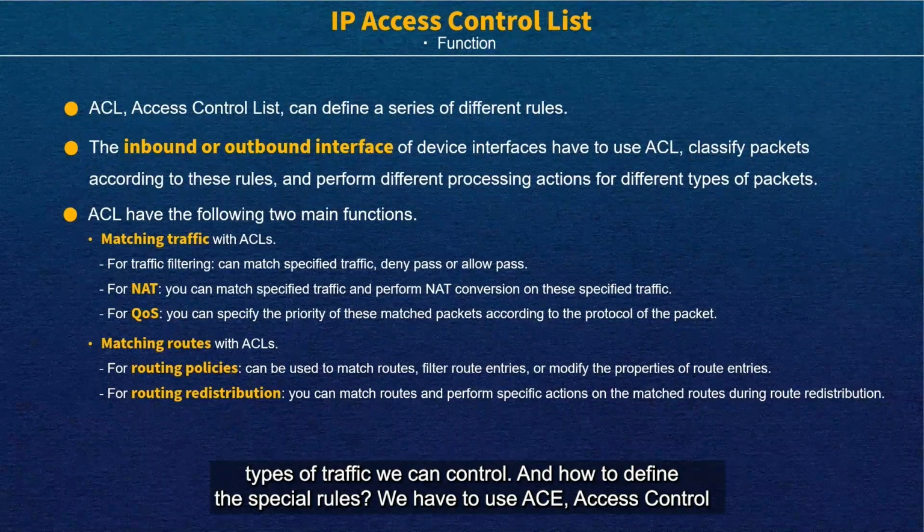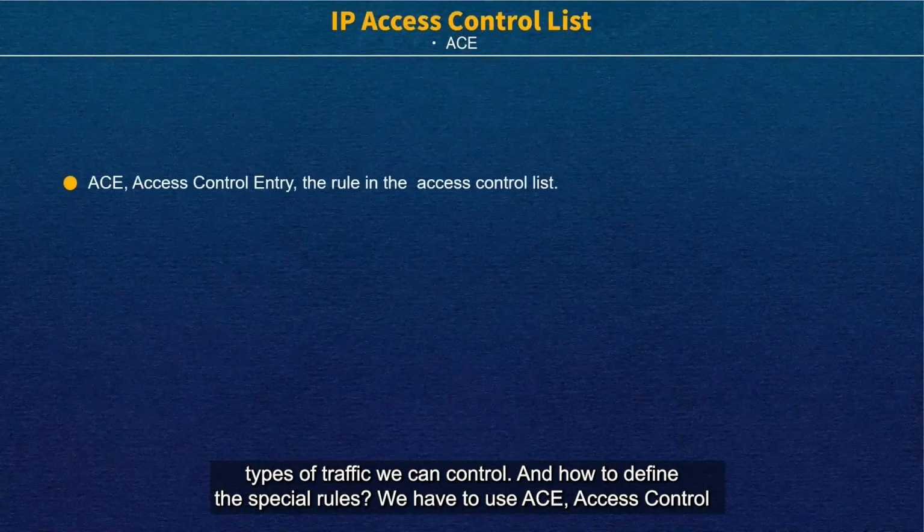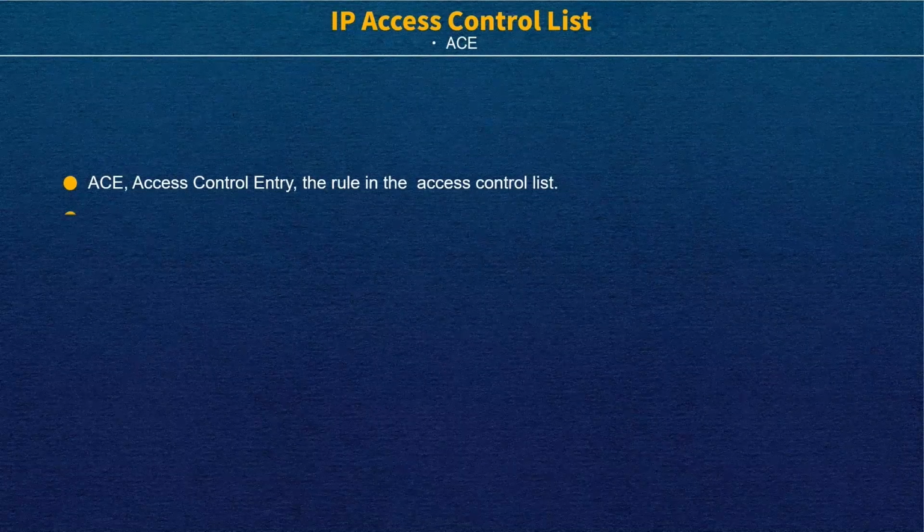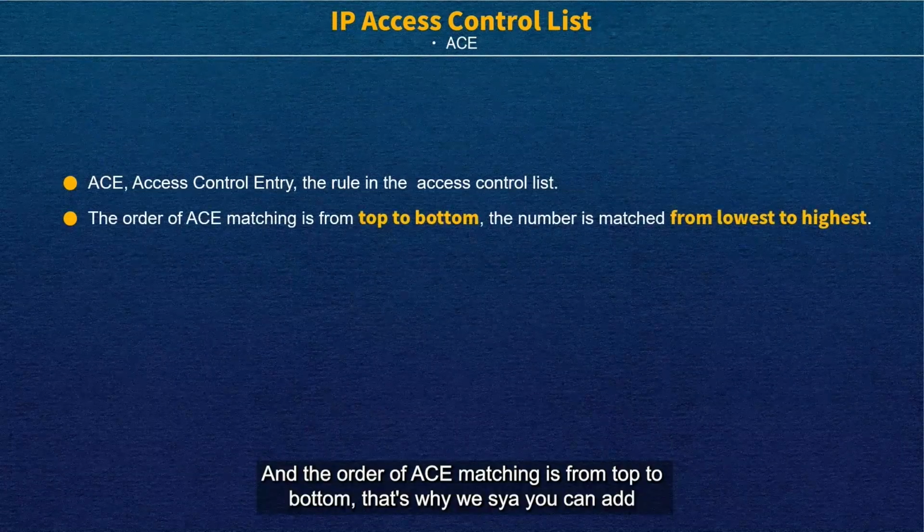And how to define the special rules? We have to use ACE, access control entry. One ACE is one rule in the list. Of course, you can make multiple rules in the list, and the order of ACE matching is from top to bottom.